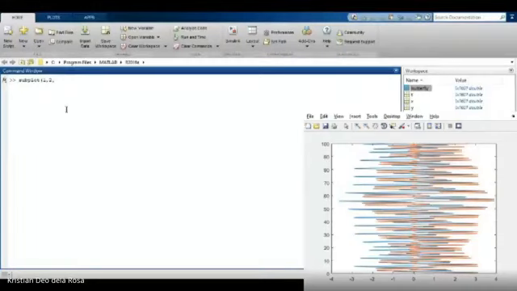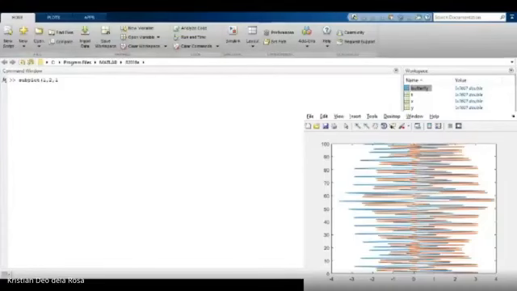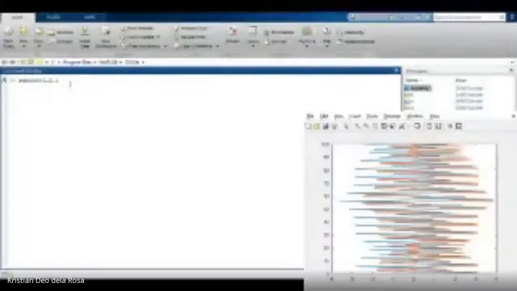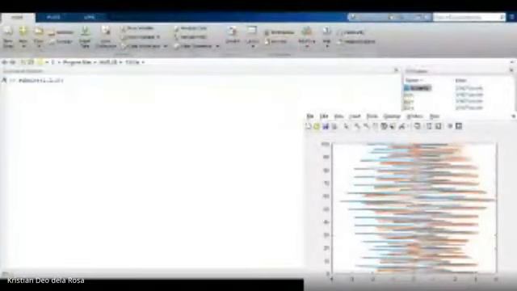Yep. 1. Tama ba? 1 to 1 is yung plot ng sine, t. Okay, so pwede ko ilagay dito yung subplot and then pwede ko na siguro i-close yung figure.